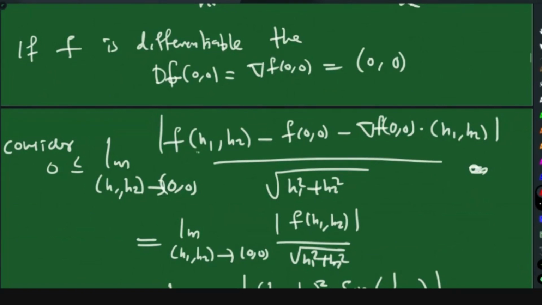Once a function of two variables is differentiable, its derivative is del f, so that this quantity should go to 0. Such functions are called differentiable functions. If this quantity is 0, you can say f is differentiable and the derivative is equal to this vector. This vector is the derivative. That is the definition.